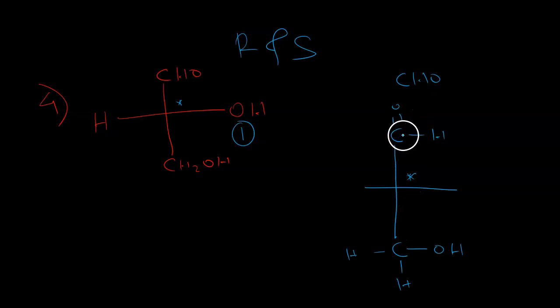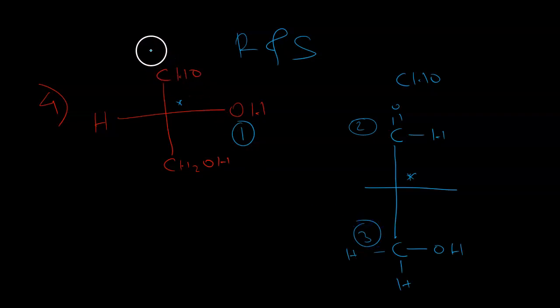So how to assign the priority? What students are doing is they assign the priority to this one, saying the number of hydrogens is more, or the molecular weight of this part is more and this group is less. But the second priority will be for this aldehyde one, and the next priority will be for this alcohol.